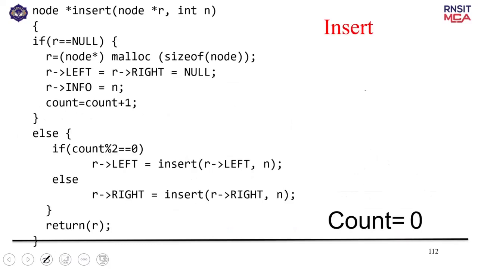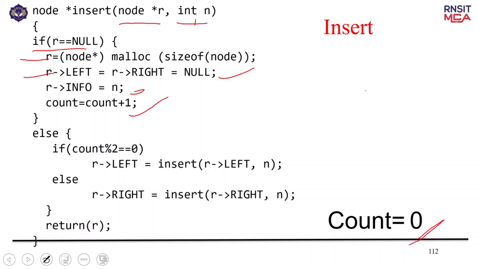Okay, let us work on the insert function, and we'll close it today. The insert function is very simple. You pass node R and an integer value n. If the root node is null, R being the root node, you allocate memory for the root node, make the left child and right child null, store the value you are passing as info, and increment the count.